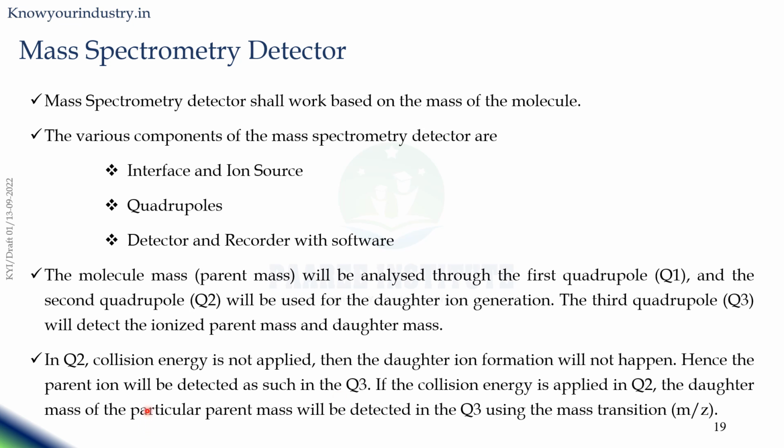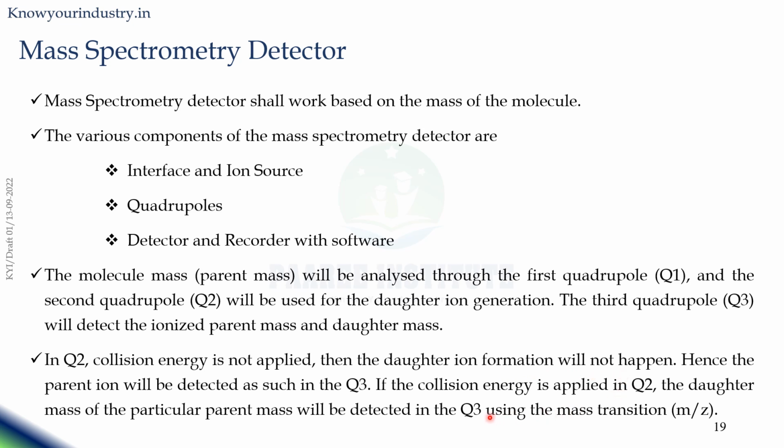In Q2, if we apply collision energy, then the daughter ion mass will be formed and will be detected in the Q3 quadrupole using the mass transition of m/z. In case we don't apply collision energy, the daughter ion formation will not happen.